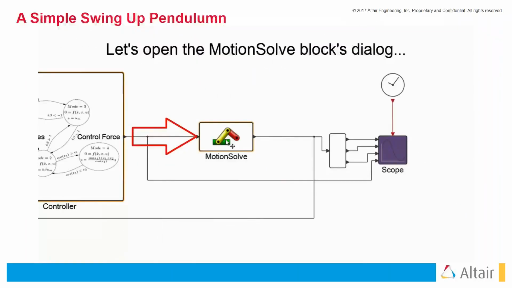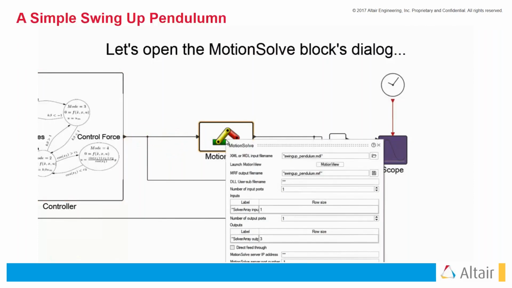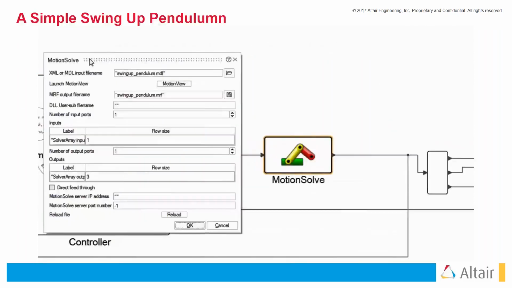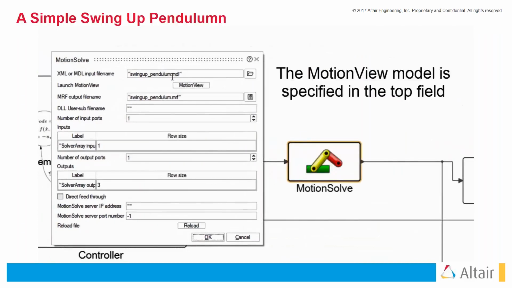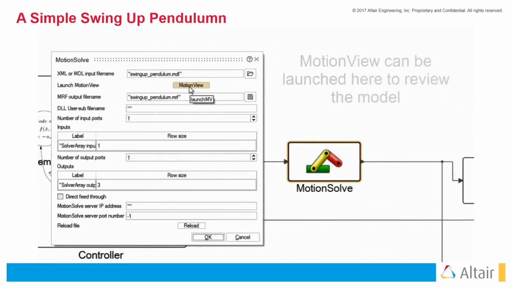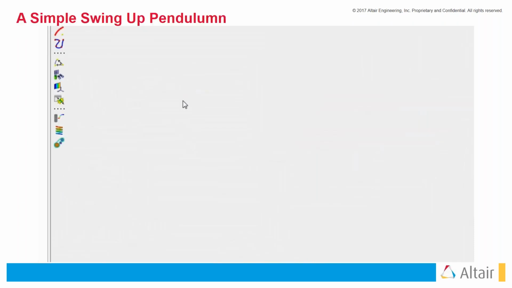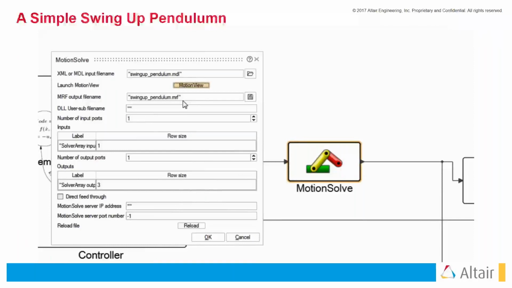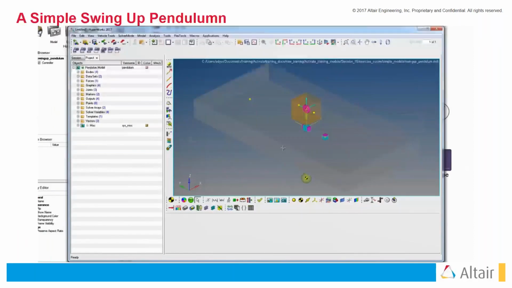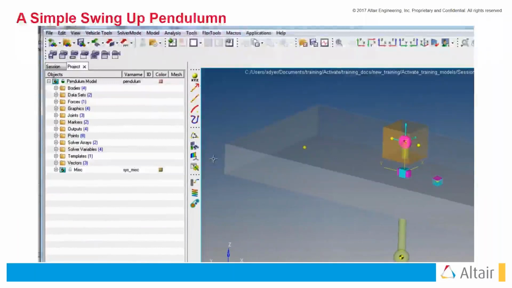So in MotionSolve, you have a setup, the XML or MDL file is an input file as a MotionSolve file, a 3D file, where you can launch MotionSolve. Look at MotionView, where the model is done. It has bodies, a ground body, a pendulum, and a cart.